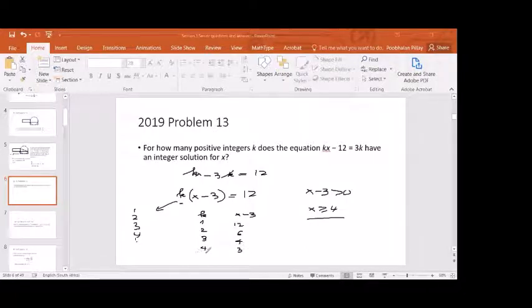You can't have 5, you can't have 6. 6 and 2, you can have 12 and 1. So those are the only positive factors of this. And in each of those cases, you will have an integer solution, right? You'll have an integer solution.